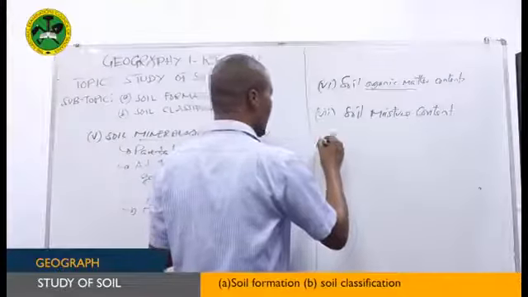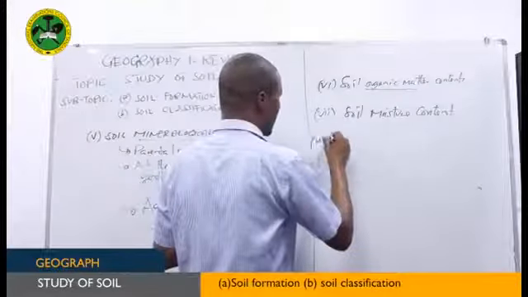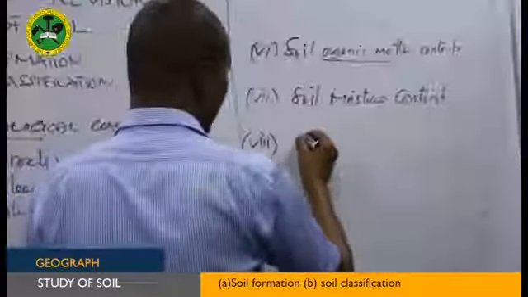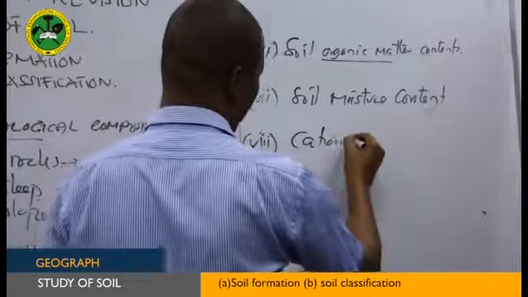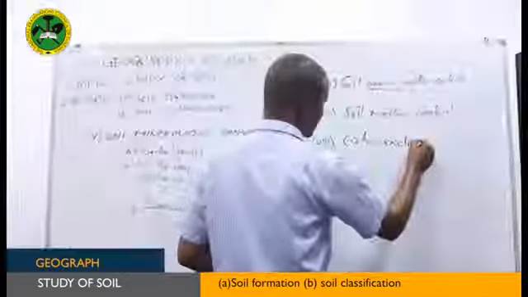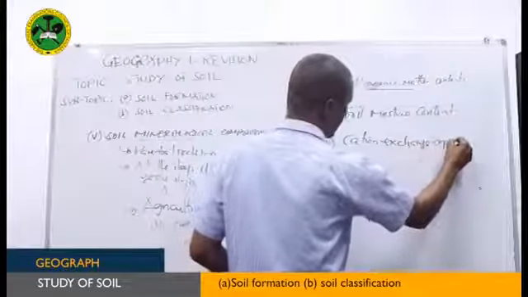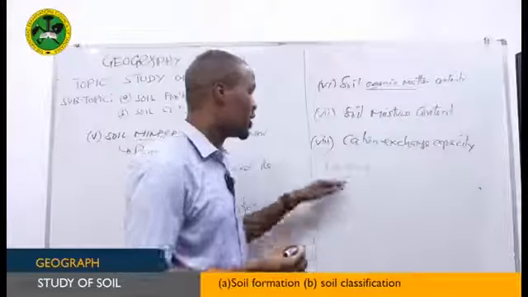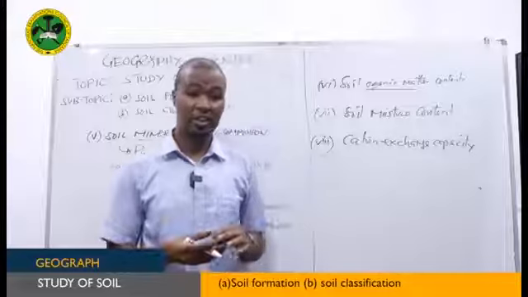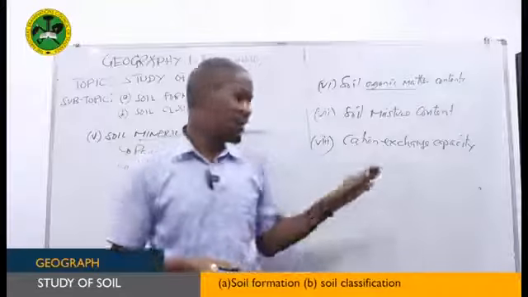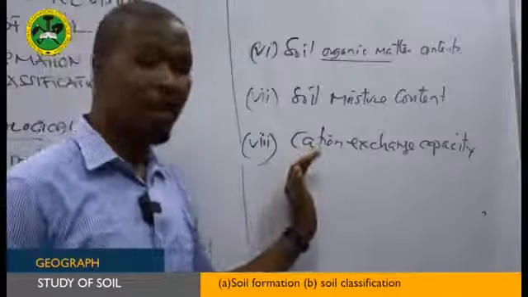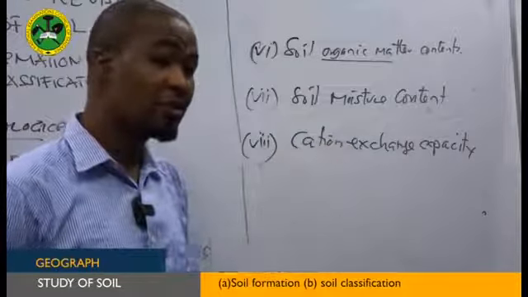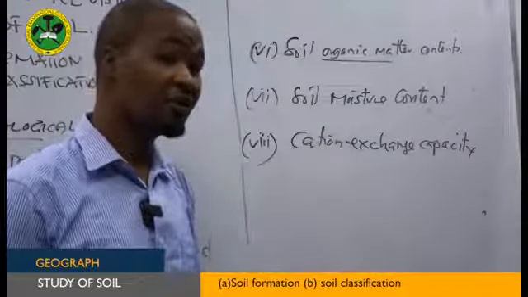Then I can take this as my last point: the cation exchange capacity. We know what cation exchange is. Cation exchange refers to the process whereby metal ions with positive charge replace the hydrogen ions found inside the soil.